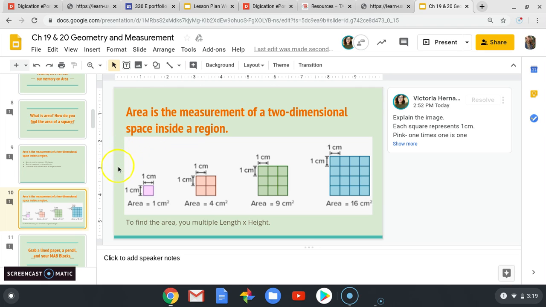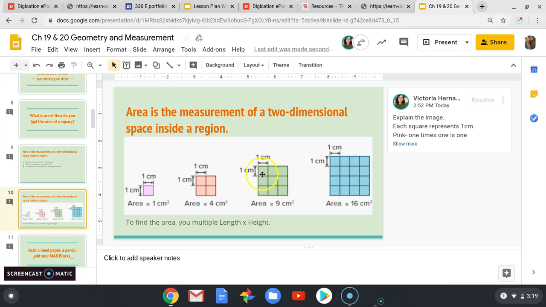Area is a measurement of a 2-dimensional space inside a region. So the first picture we have here is 1 centimeter by 1 centimeter. So students, you need to multiply 1 times 1, and the area is 1 centimeter squared. The next one has 4 little cubes. 1, 2, 3, 4. So we're going to count. There's 1, 2, so 2 centimeters by 2 centimeters, which is 4 centimeters squared.